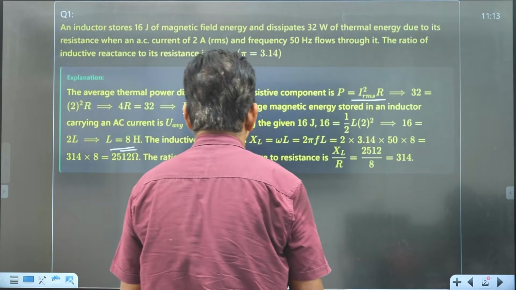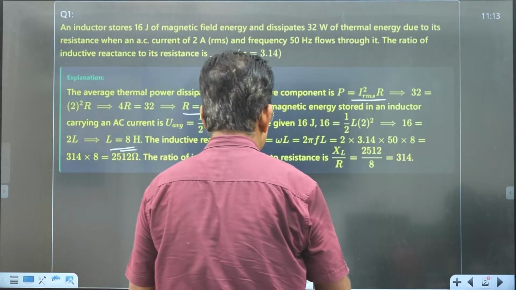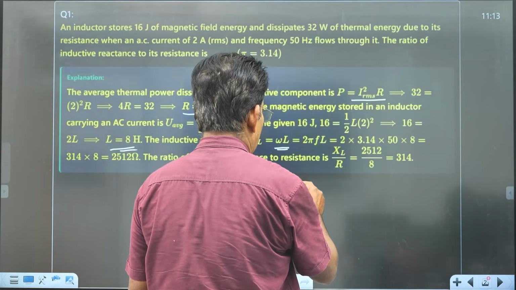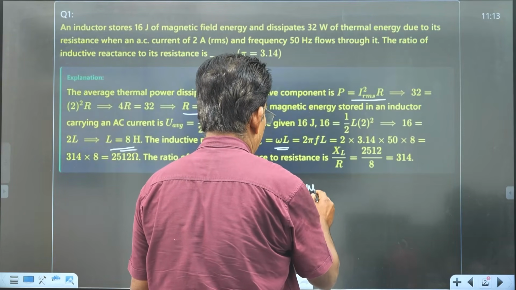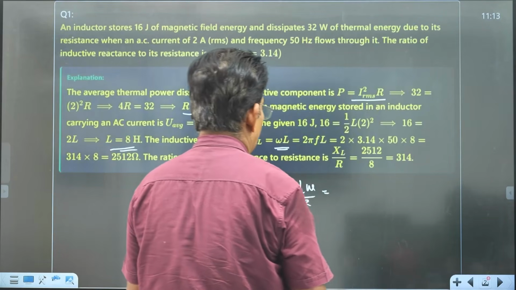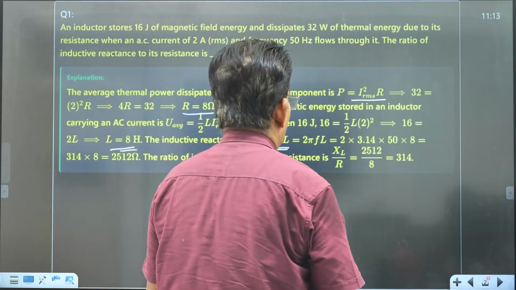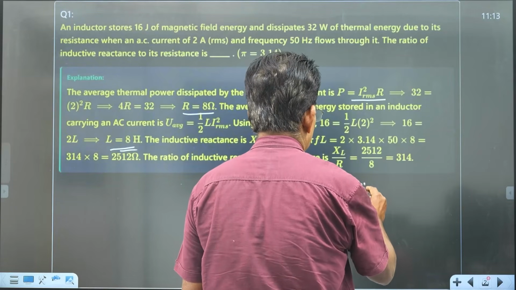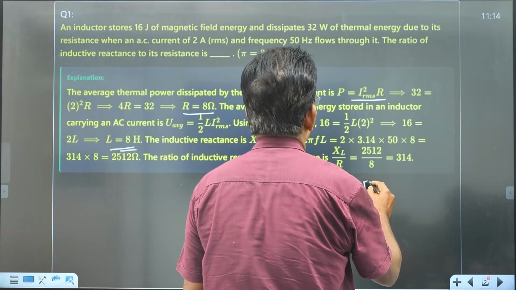Now, inductive reactance is L omega. We want L omega by R. L is 8. Omega is 2 pi into frequency.